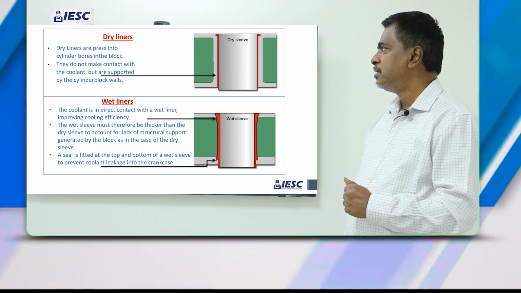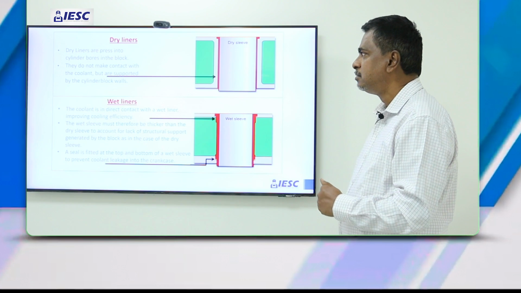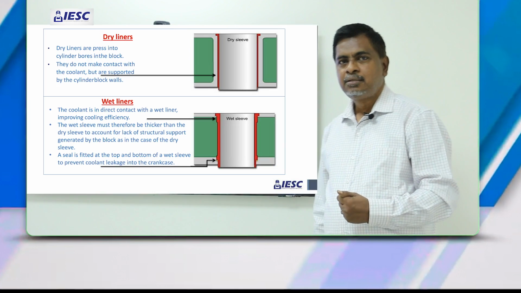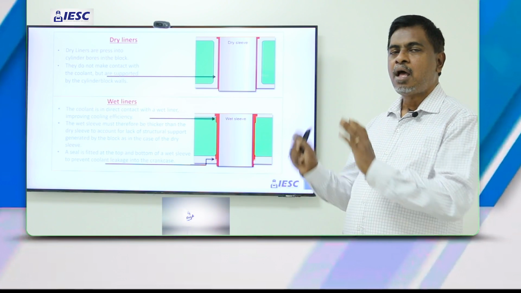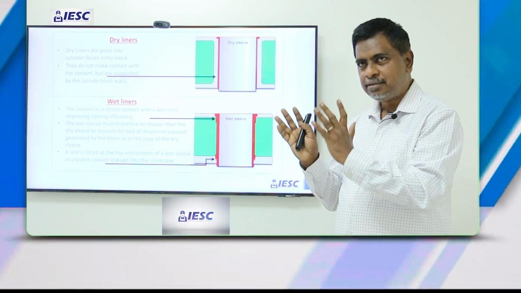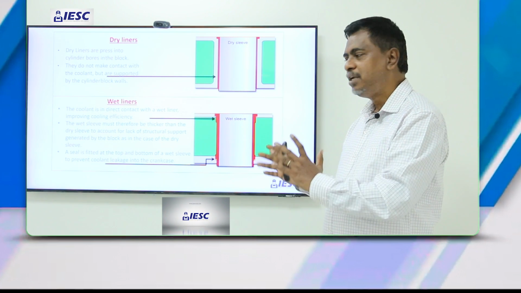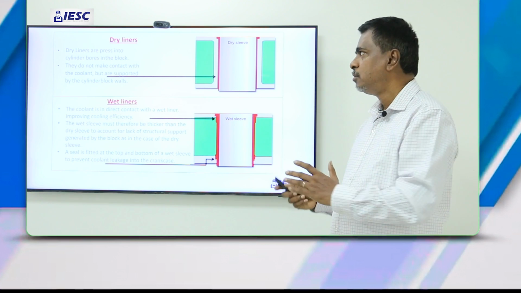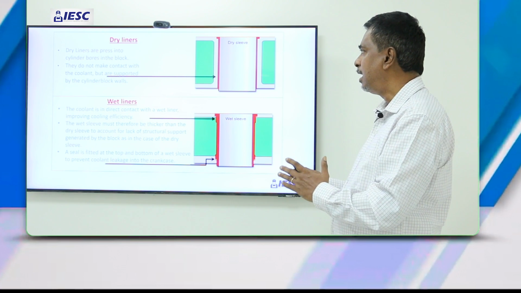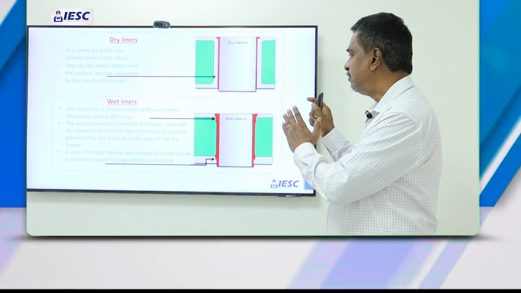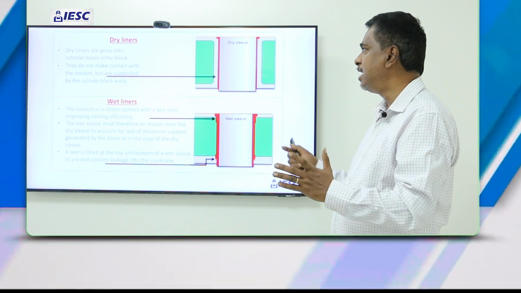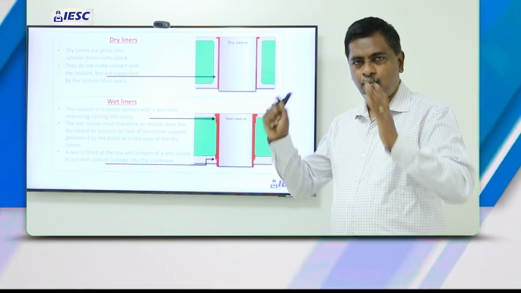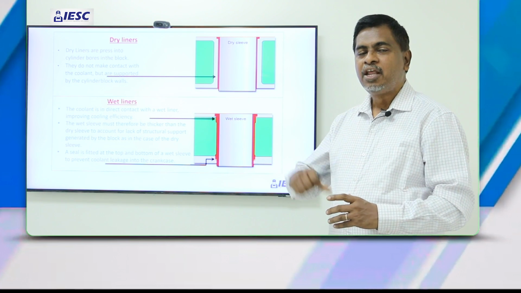Now we will see the types of liners, dry liners and wet liners. Liners are the walls outside the piston, that is the cylinder. There are two types of liners: one is the dry liner and the other is the wet liner. The dry liners are part of the cylinder block and cannot be removed.